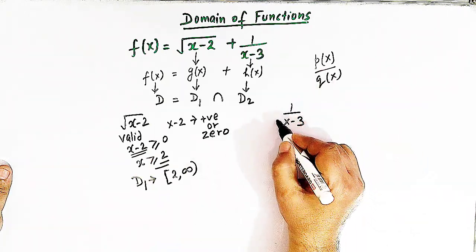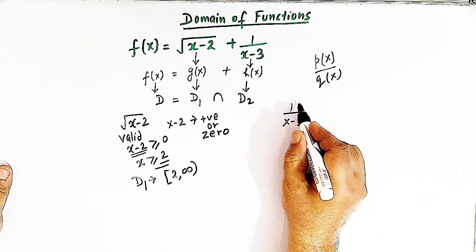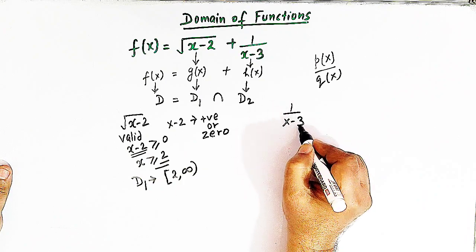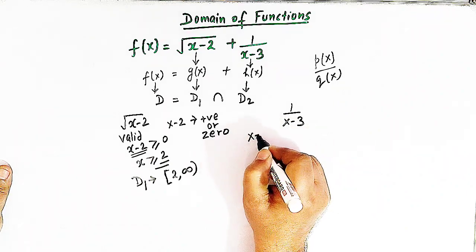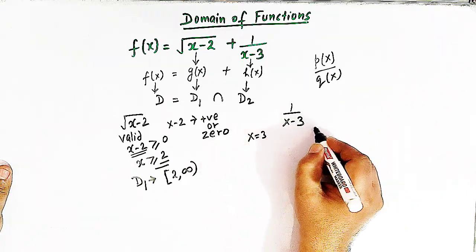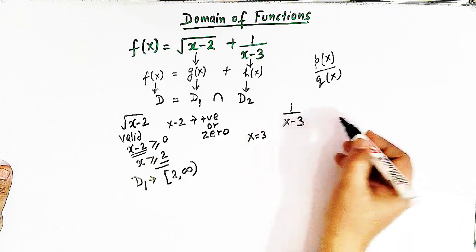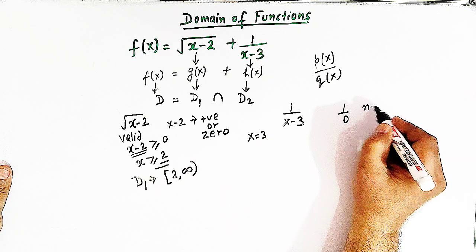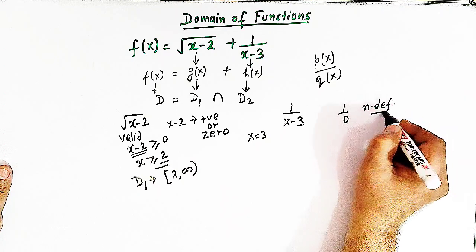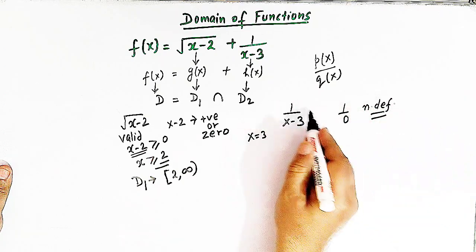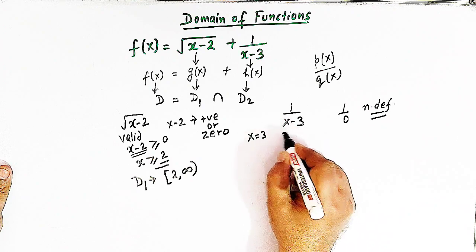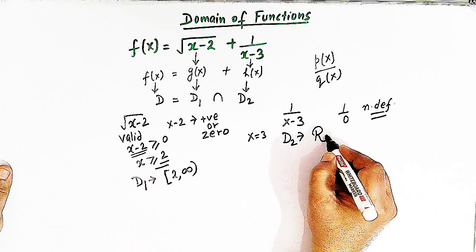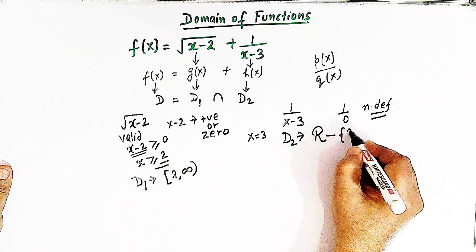The domain of this function is all real numbers except 3, because when x is equal to 3, the denominator becomes 0, so this becomes 1 over 0, which is not defined.